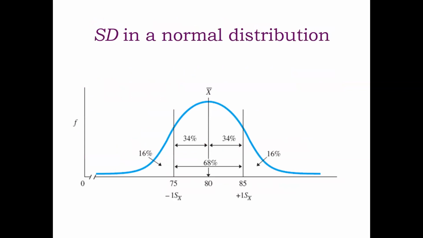So let's have a look. Remember, I just said 68%, it's actually 68.26, but 68% of all scores in a normal distribution are within 1 standard deviation of the mean, right? So from -1 z to +1 z. 95% of scores are within 2 standard deviations of the mean, from -2 to +2.